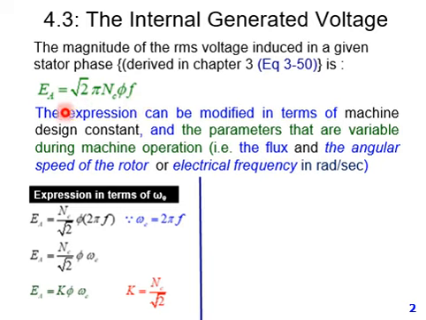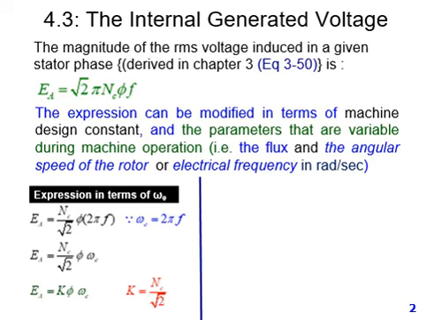We derived this. So this is the equation usually used to find the internal voltage. So internal RMS voltage can be obtained by this green formula.